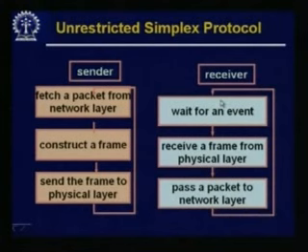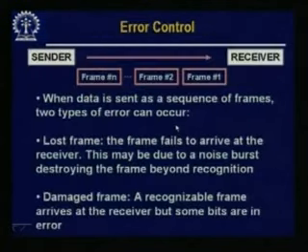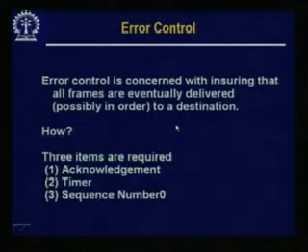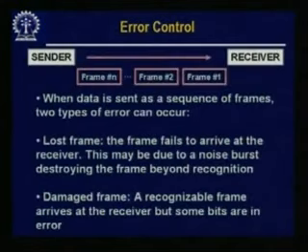Now, when data is sent as a sequence of frames, two types of errors can occur. One is a lost frame: the frame fails to arrive at the receiver. This may be due to a noise burst destroying the frame beyond recognition. Or a recognizable frame arrives at the receiver, but some bits are in error.